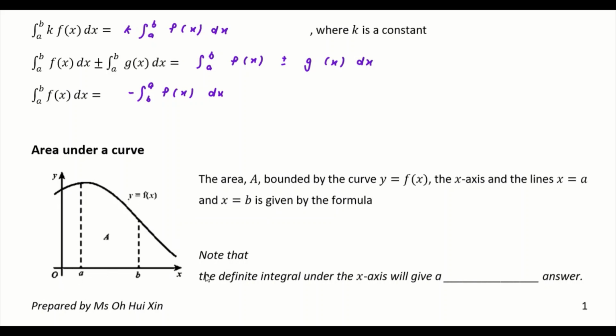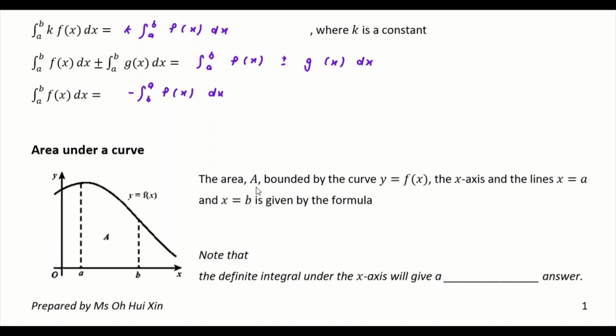Later you will see this when we look at the displacement-time graph and the velocity-time graph. The area under the graph is basically the area between the line and the x-axis, so we wouldn't have any case where you need to do it with respect to y. So that's why this is the one that we are going to revise.